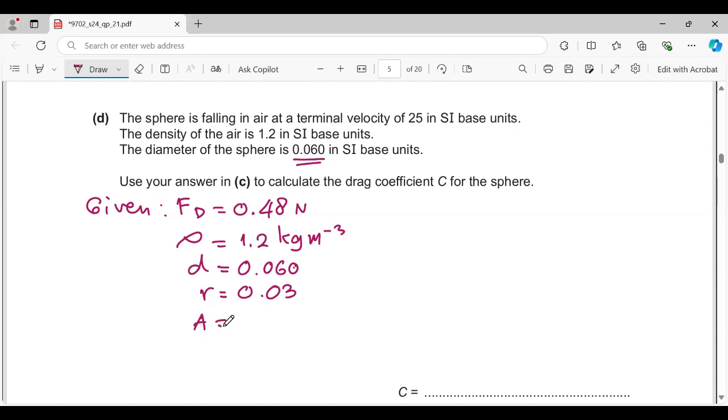And area is pi r squared because this is a sphere, a circle area. So it is pi times 0.03 squared, which is 0.0009 pi.